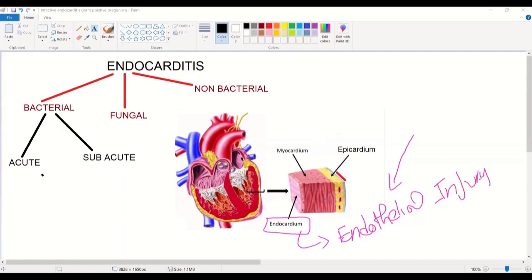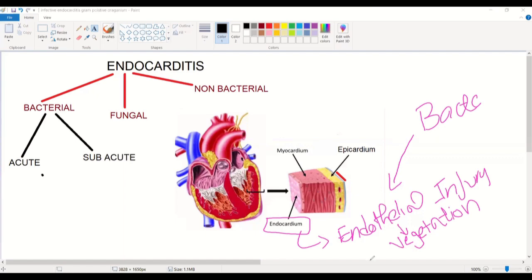Let's suppose it is bacteria. This injury leads to the formation of vegetation. So this is very important.